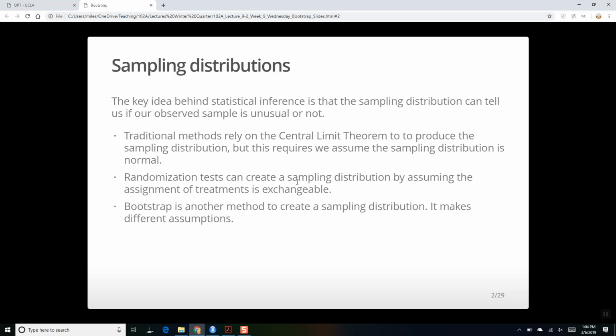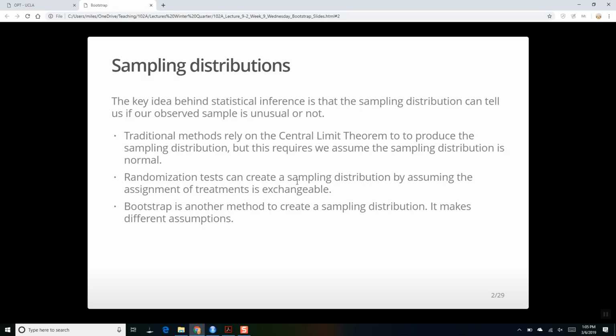On Monday, we talked about the randomization test. What we did was we said, let's assume the null hypothesis is true, and let's create a sampling distribution under the null hypothesis.